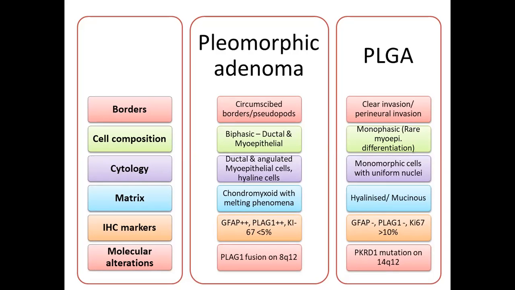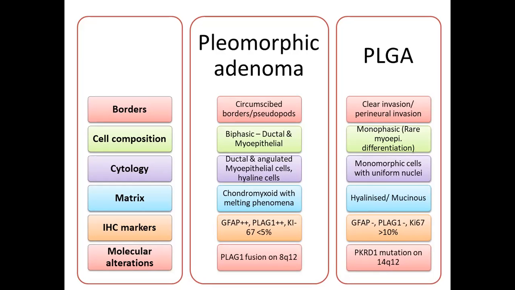To rule out pleomorphic adenoma from PLGA, we can do immunohistochemical markers such as GFAP and PLAG1, which are characteristic for pleomorphic adenoma, and the Ki-67 labeling index, which is less than 5% for pleomorphic adenoma, whereas in cases of PLGA, it is between 5 to 10%.